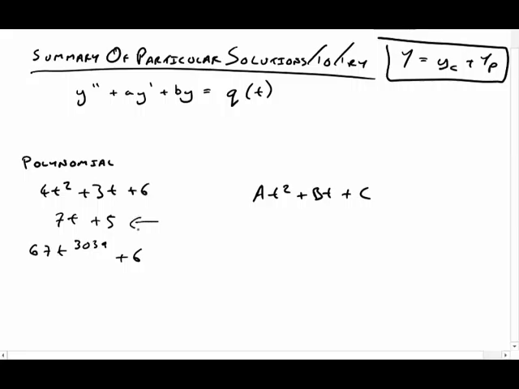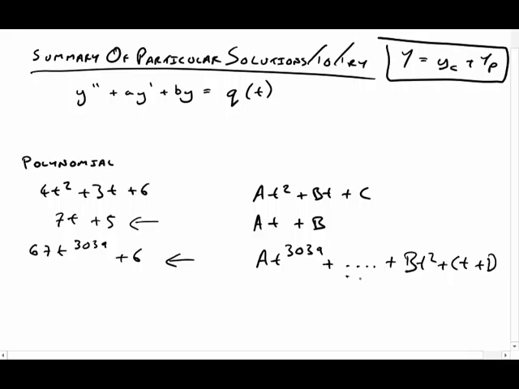The general form of this thing would be at plus b. The general form of this thing, I'm not going to write it out, but it'd be at to the 3039 plus, and keep on going right the way through to bt squared plus ct plus d. So basically, all these terms will just be decreasing powers.